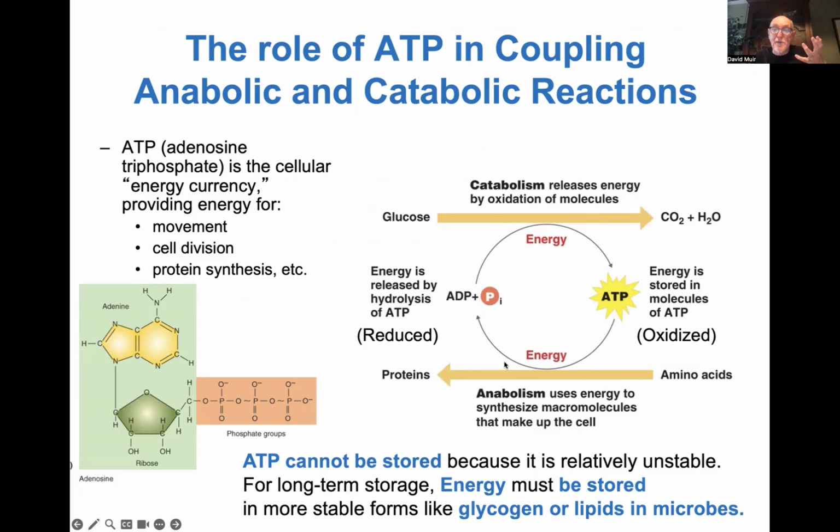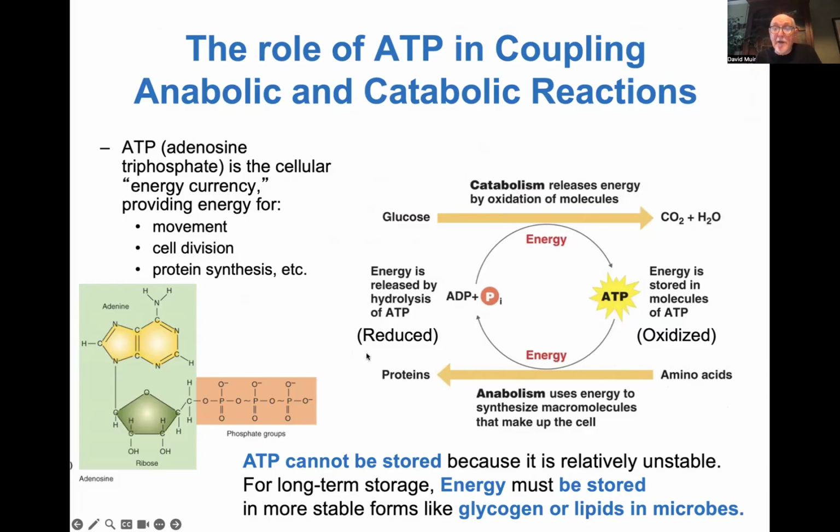And in doing so, we're going to push them through anabolic reactions to produce proteins, for example. So if we want to take oxidized compounds and change them to highly reduced compounds, in other words, with lots of electrons derived from hydrogen, then we're going to use ATP as the source of those electrons and that energy.